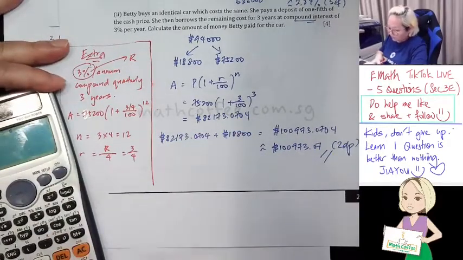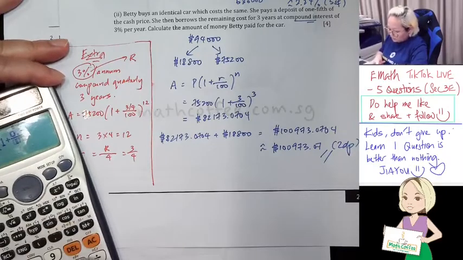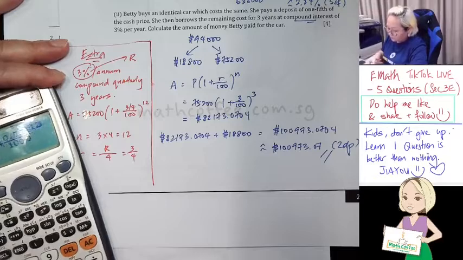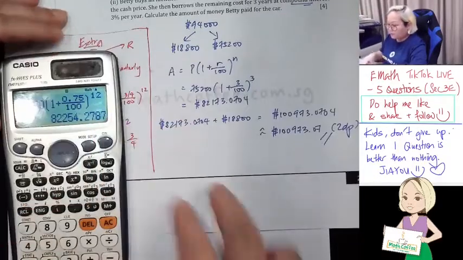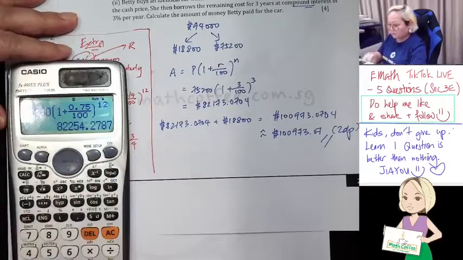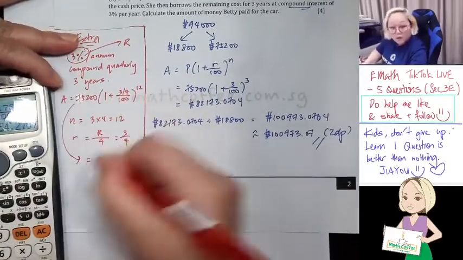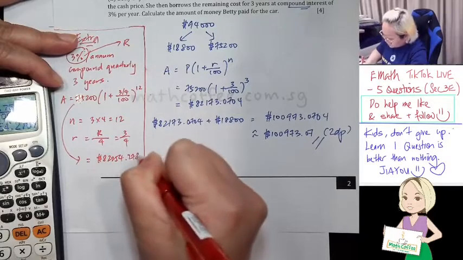Okay, so let's key into the calculator. So 75200 open bracket 1 plus 0.75 over 100 to the power of 12. Okay, so it will be this, and equals to 82254.2787.